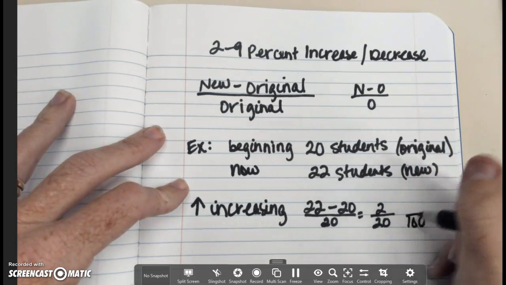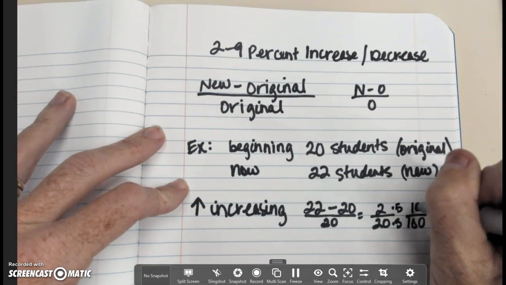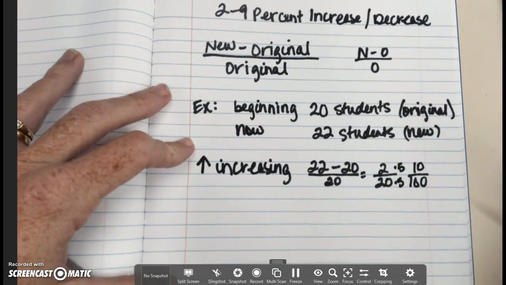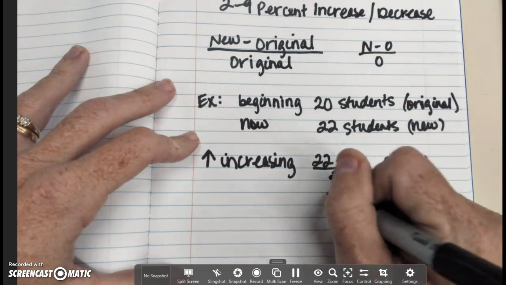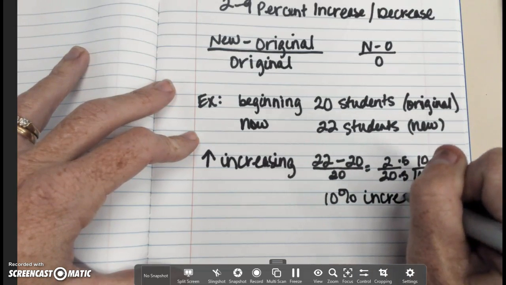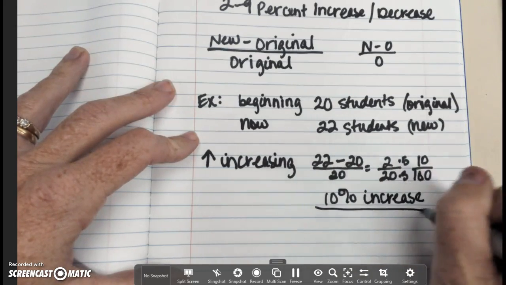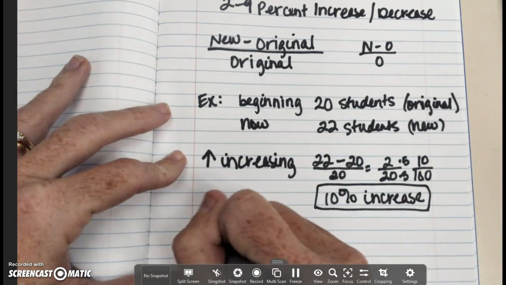And to get from 20 to 100, you're going to multiply by 5. So I do the same thing on the top, and I get 10. And since we are the percent masters now, we know that 10 over 100 equals 10%. And since we went up, it's going to be a 10% increase. Okay? Let's do one more example.